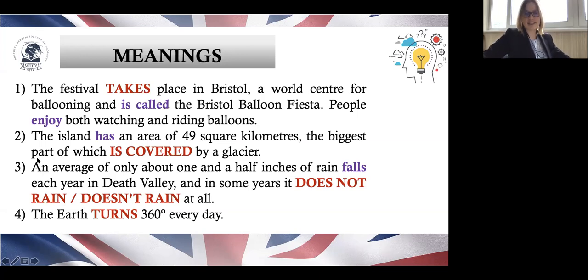Festival takes place in Bristol. A world center for ballooning is called the Bristol Balloon Fiesta. It takes place regularly, right? Every year. What meaning is used?